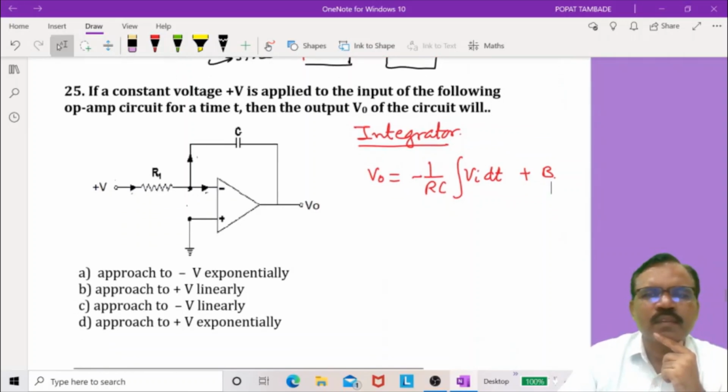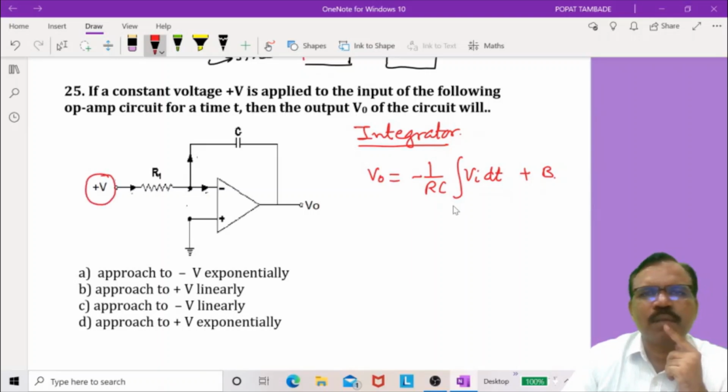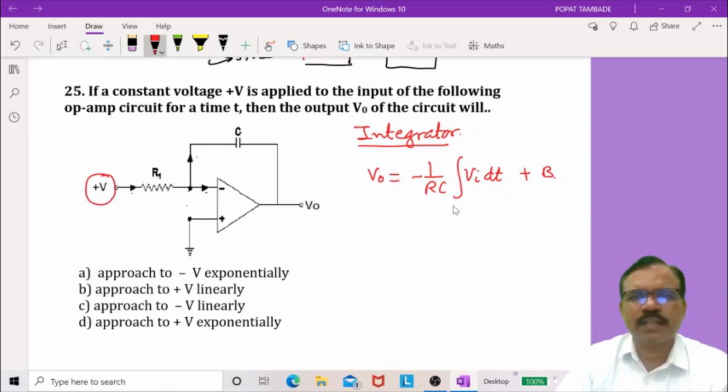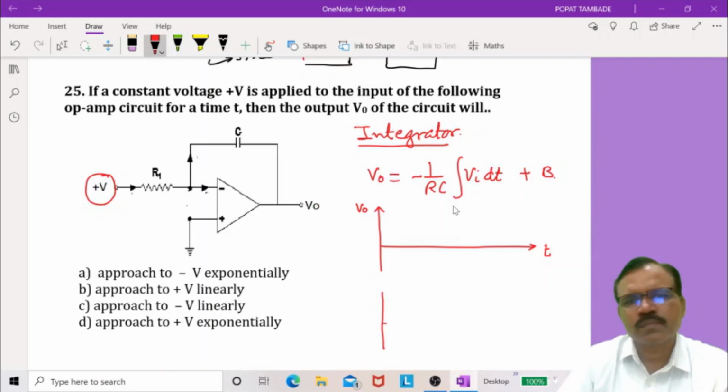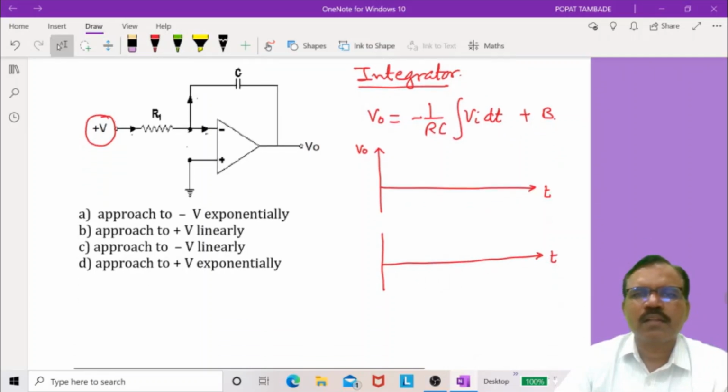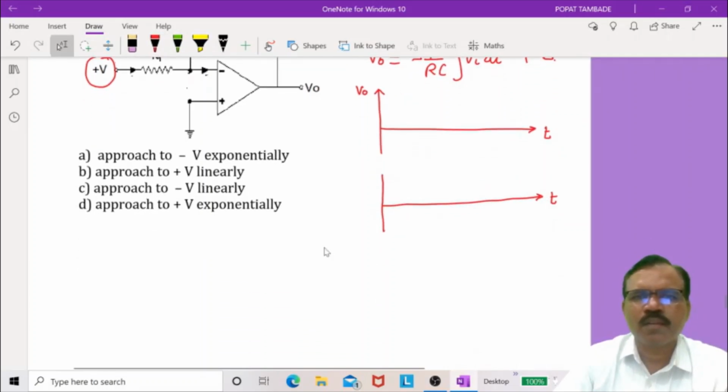Now here plus V, that is a constant voltage, is applied. So suppose we take the input with time, and then we will find the output. So we can plot now. Here the input and here the output.